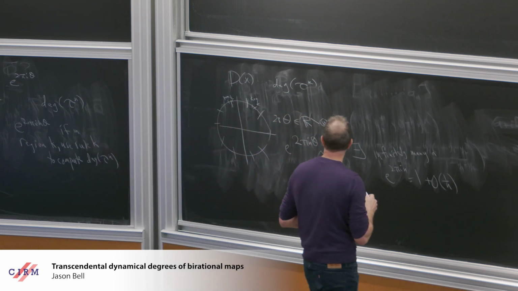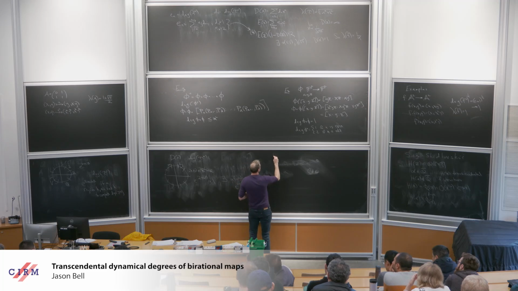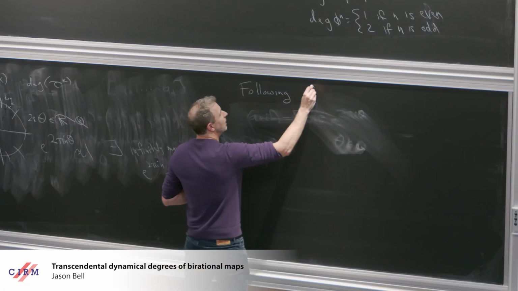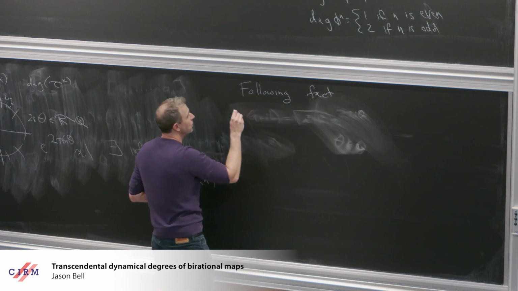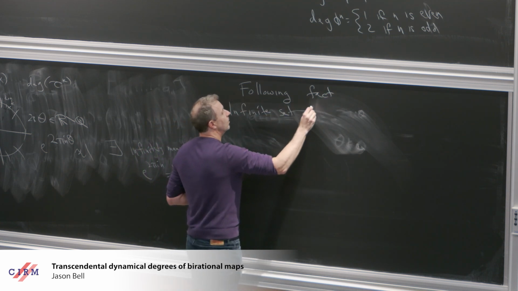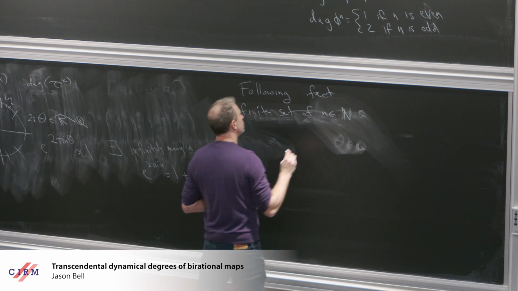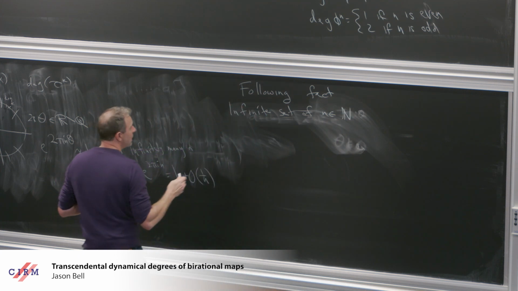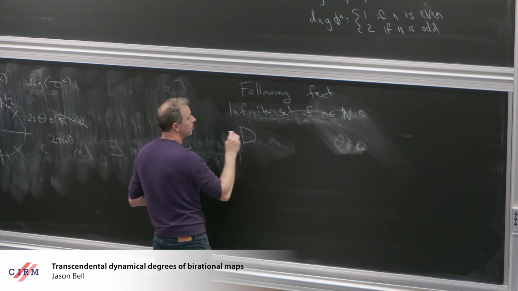So what we can say is we get the following fact. There's an infinite set of n such that we get an approximation of the following form.